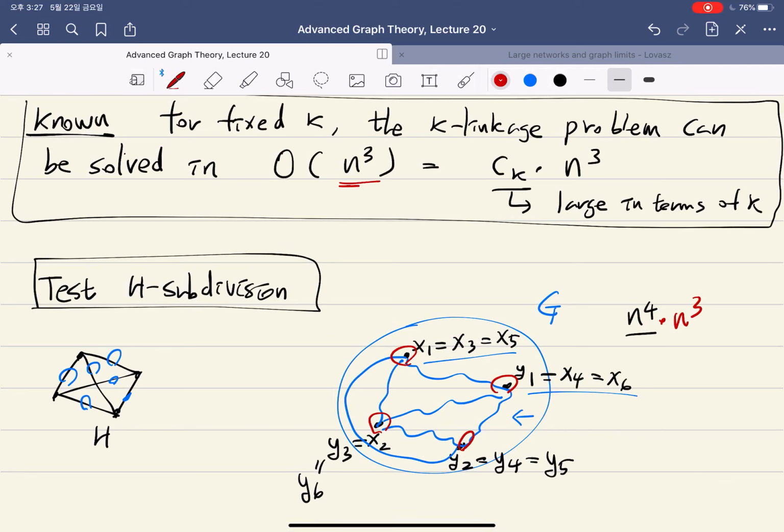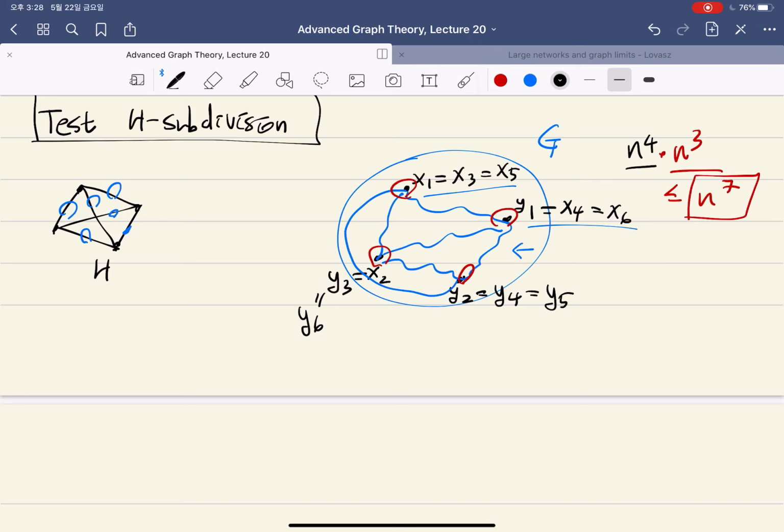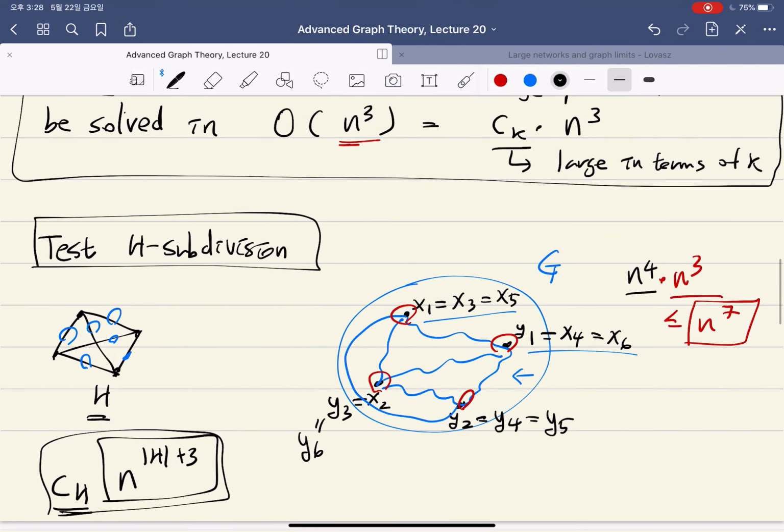So each checking can be done in n to the 3 time, and then you have to do it n to the 4 many times. So this can be done in n to the 7th time, which is again polynomial. So for fixed H, you only have to do n to the h plus 3 many, times some constant. So this is polynomial in n. So you can test whether the given graph contains an H subdivision or not in polynomial time.